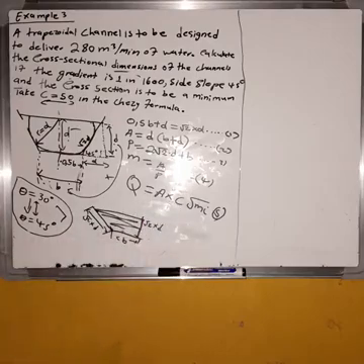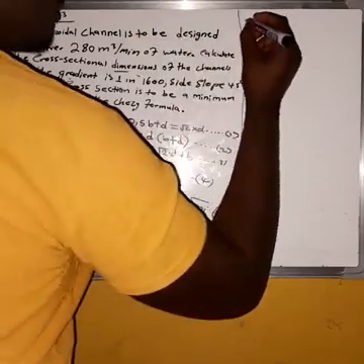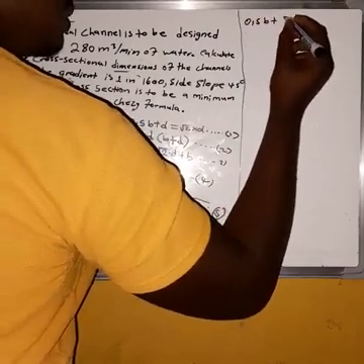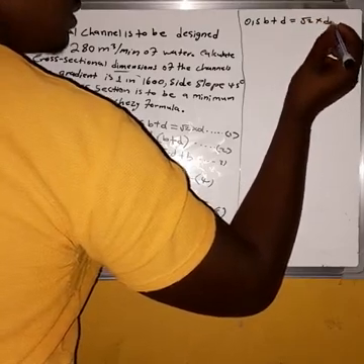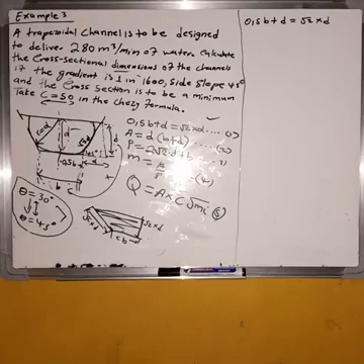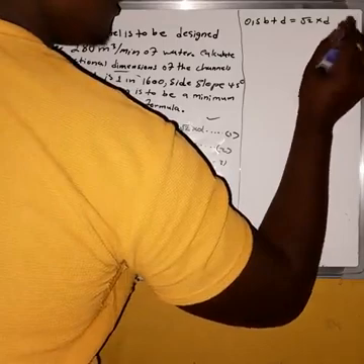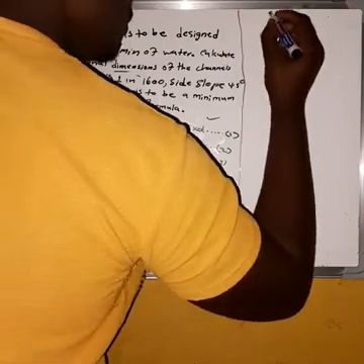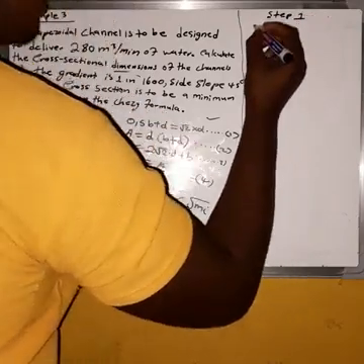Now let us answer this question. First step, apply the formula: 0.5 b plus d must be equal to the square root of 2 multiplied by d. Use this formula, it's step one, always step one. Let me write here on the top, step one, so that you may know.